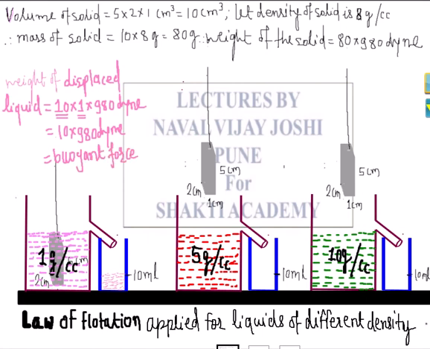In this case, you might have noted down that I would write buoyant force as F suffix B, I told you yesterday, that means in the previous video. So F suffix B is the buoyant force, which is much smaller than the weight of the solid.